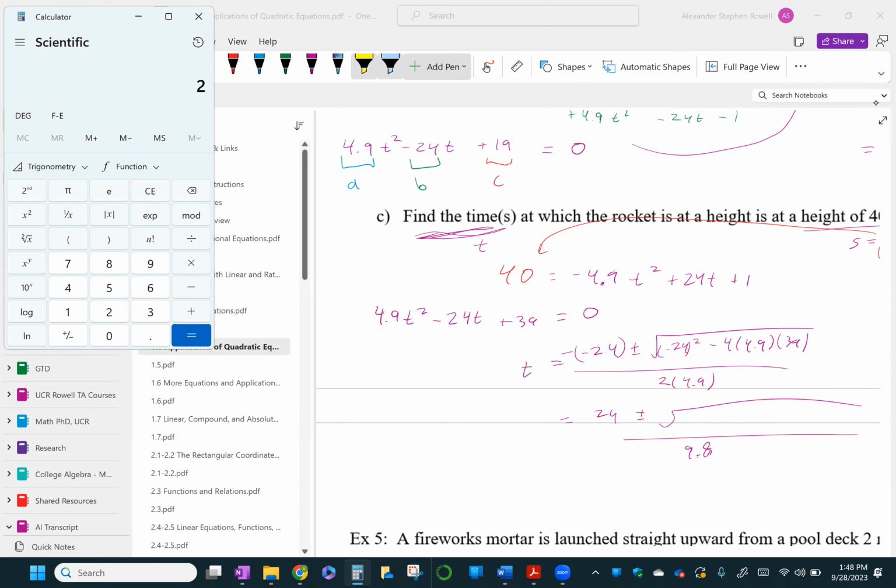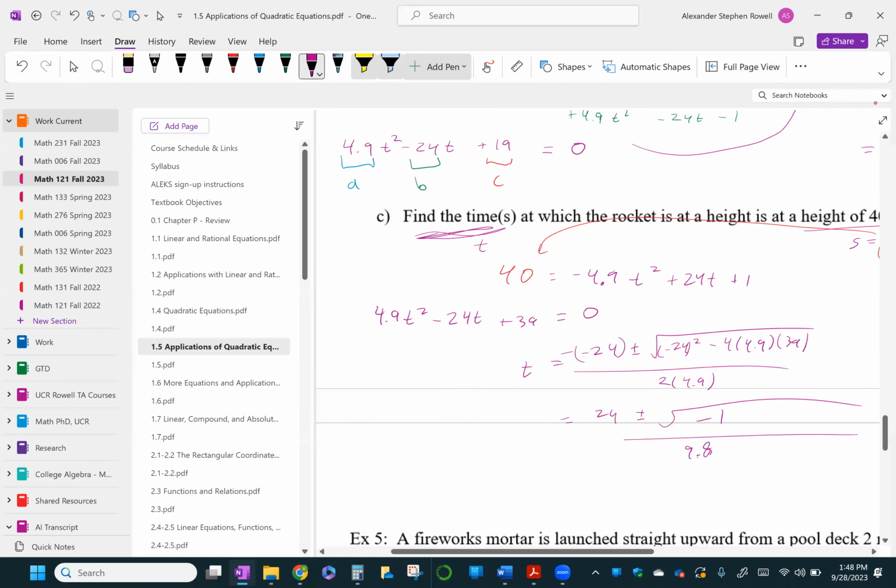Oh gosh, I hate calculators. 24 squared minus 4 times 4.9 times 39 equals negative 188.4. What can you tell me if the discriminant's negative?